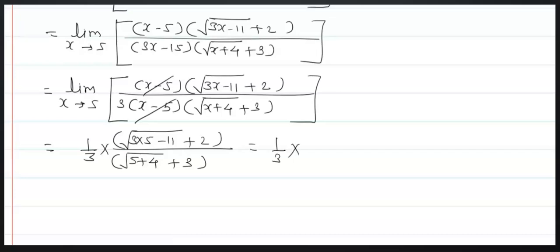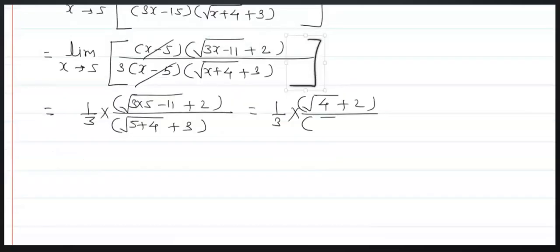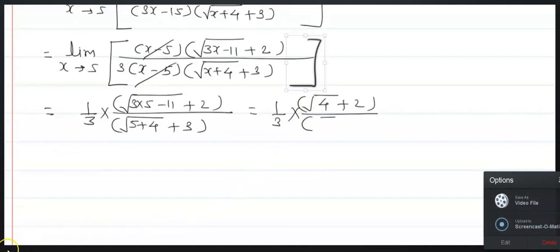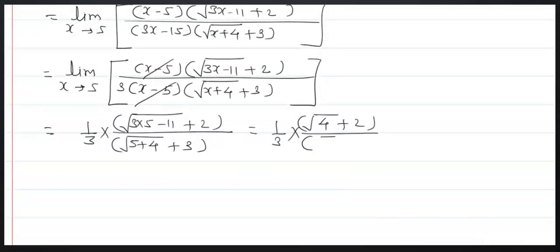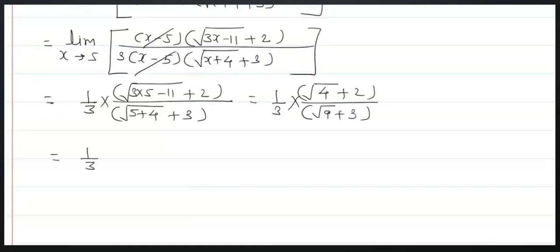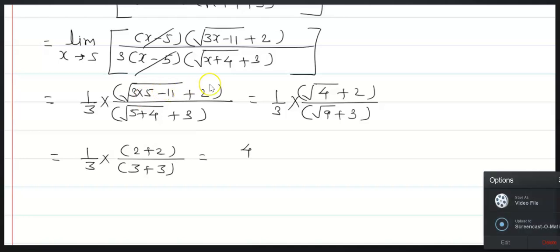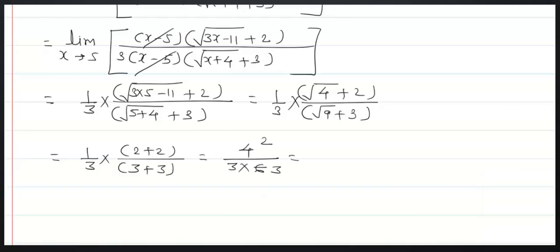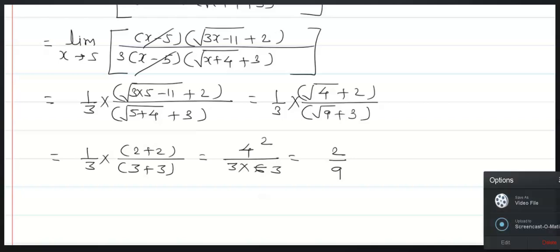Then you will get 1 upon 3 into root of 4 plus 2 upon root of 9 plus 3. Here is 2 plus 2, and this is 3 plus 3, this is 4 and 6, that is 4 upon 3 into 6, and that is equal to 2 upon 9.